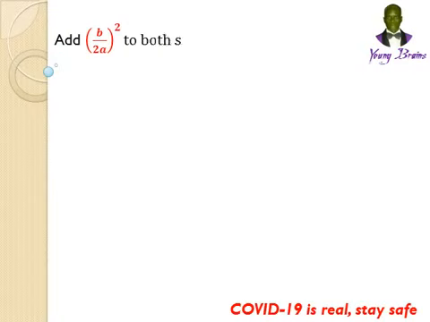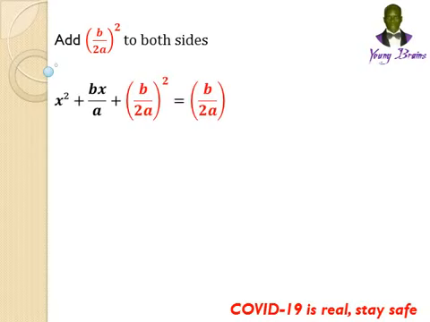Next is to add b divided by 2a squared to both sides. We now have x squared plus bx divided by a plus b divided by 2a squared on the left hand side, and on the right hand side we have b divided by 2a squared minus c over a.